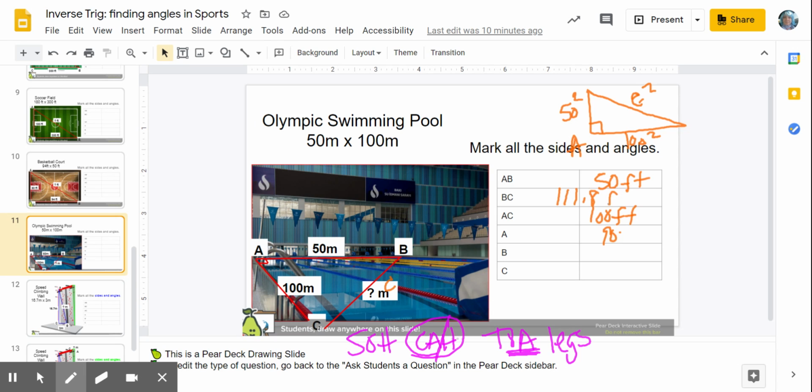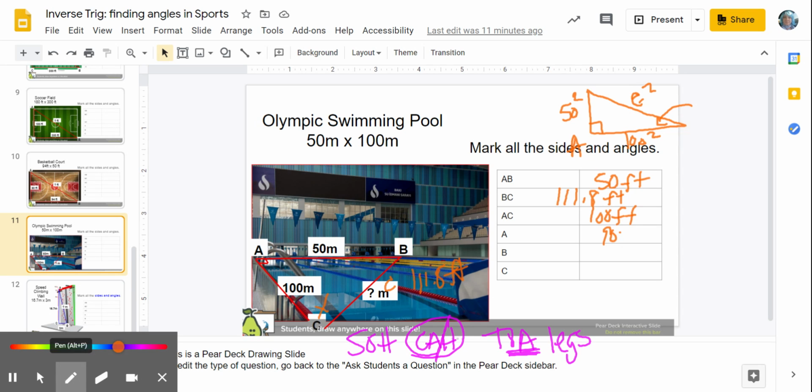111.8. Okay. And so do we want to find B or C first? Okay. So we want to use sine.